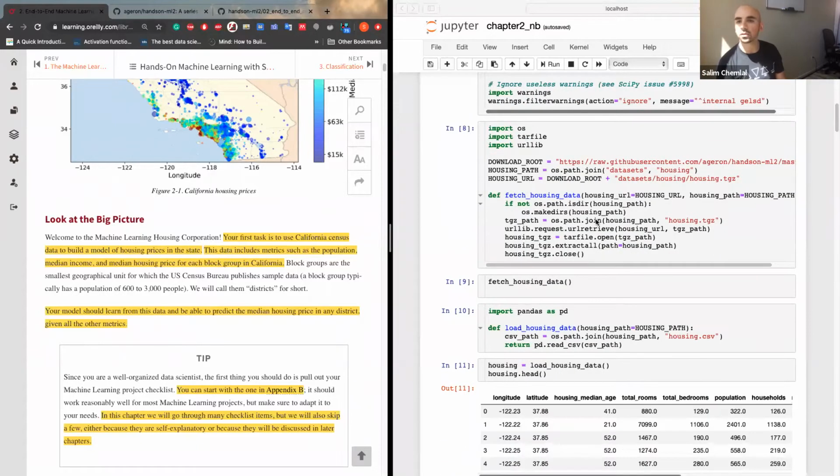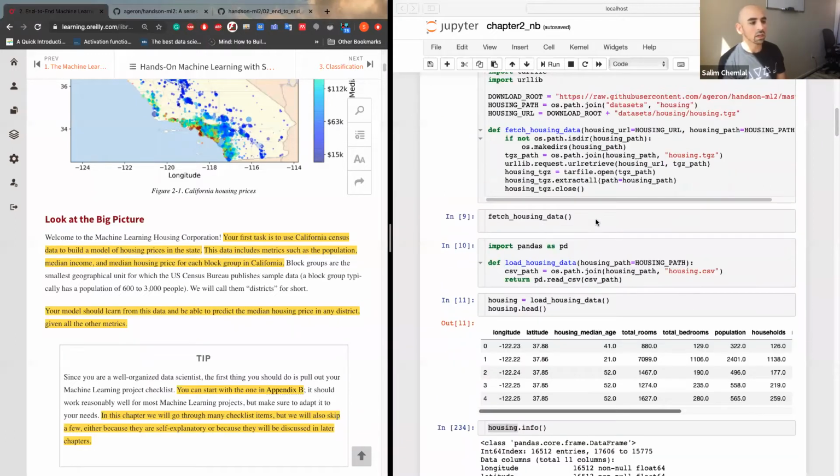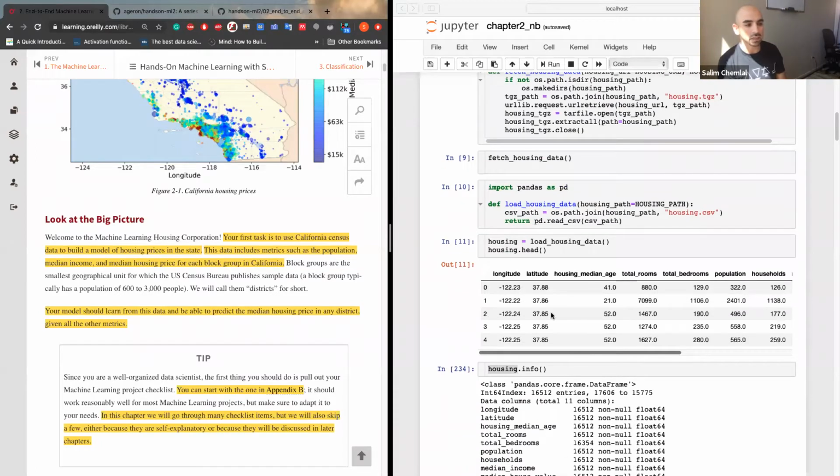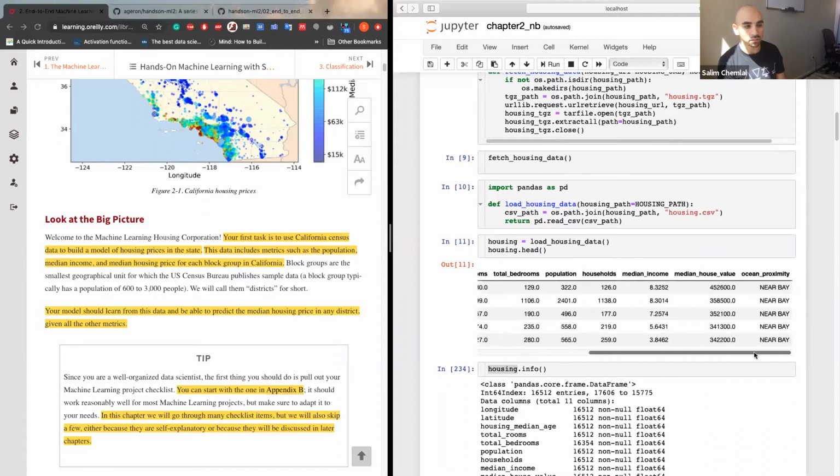We talked about how you may want to set up your Jupyter notebook within an environment with the libraries installed in that specific environment, and a few other things. The data set looks like this. These are the different features, and one of them is the median house value. That's what we're trying to predict. We're going to use the rest of the features to predict this median house value.